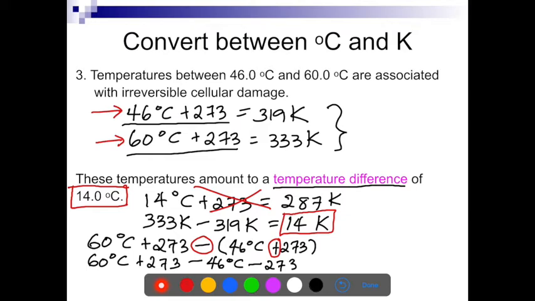And notice how this 273 here will cancel with this 273 there. Therefore, we are left with 60 degrees Celsius minus 46 degrees Celsius, which is equal to 14 degrees Celsius.